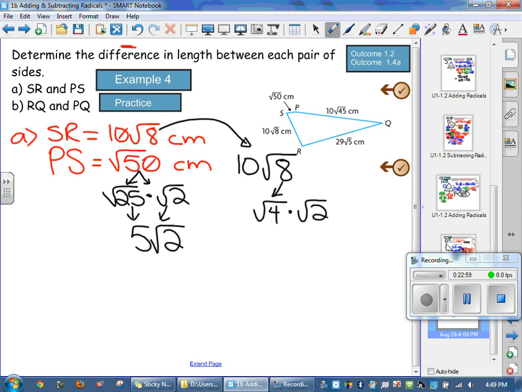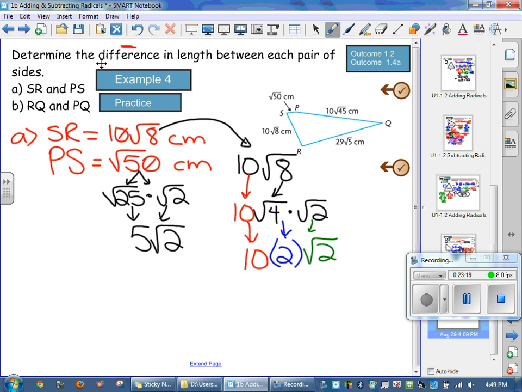So my 10 comes down, and it multiplies by the root of 4, which is 2, and my root 2 on the end slides next to them. My last step would be to simplify by multiplying the 10 and the 2, so I get 20 root 2.